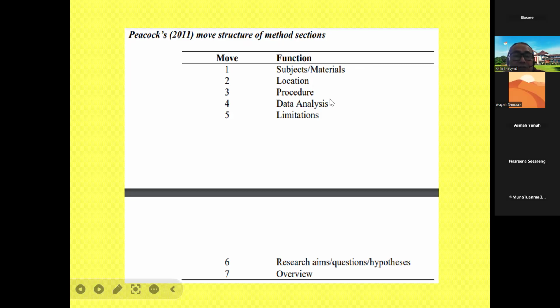Number three, procedure. Number four, data analysis. Number five, limitation. Number six, research aim, question, hypothesis, and number seven, overview. So overview is like comments from the authors on this component or function in the research method. This is very different from Lim's model.